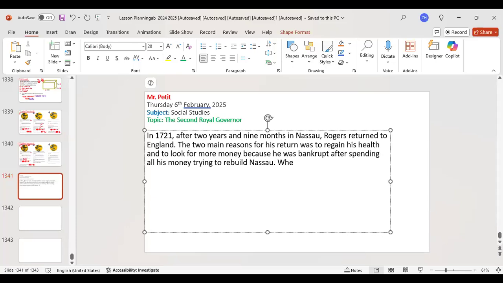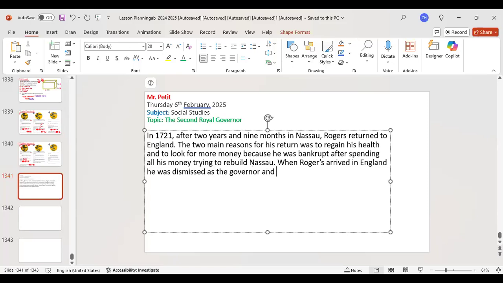Now, when Rogers arrived in England, guess what happened to him? He was received with open arms, right? Actually, he was dismissed as the governor. And what they did was they put him in prison.